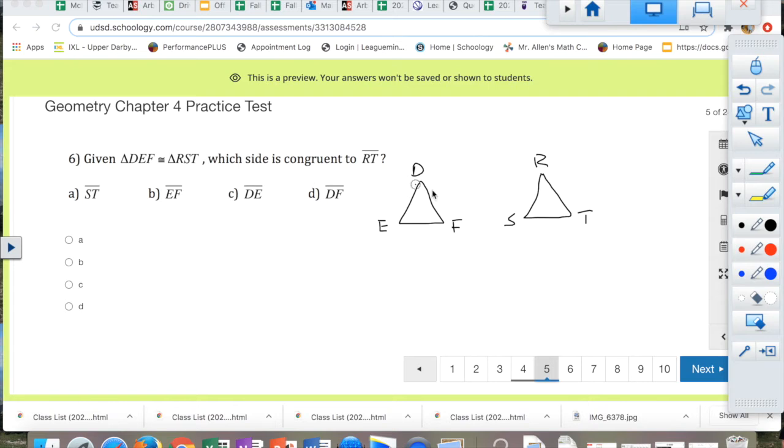So what is congruent to RT? Well, since RT, in my congruency statement, is the first and last, over here I want to use the first and last, which would be DF. So I want to go with choice D. Make sure you fill that in.